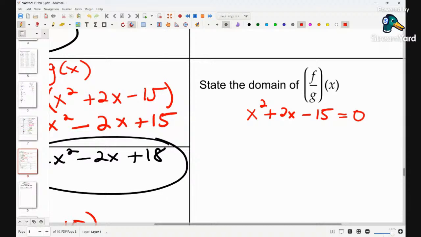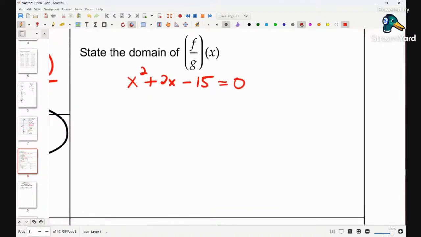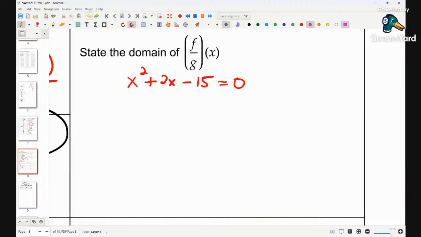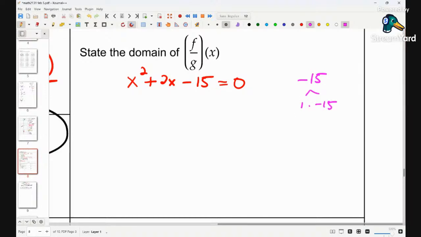Let's review factoring. AC method requires a little side work. A times C, 1 times negative 15 is negative 15. And now 1 times negative 15, either you do this in your head or in scrap paper, whatever. Keep that over there. And you check your work as you go, by adding them, say, does it make 2?